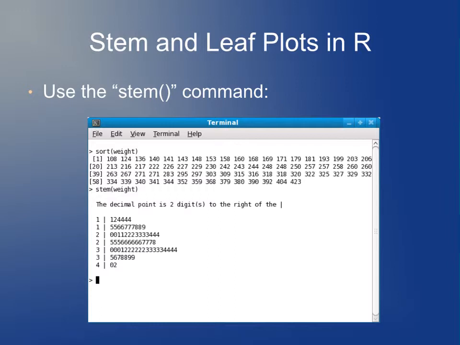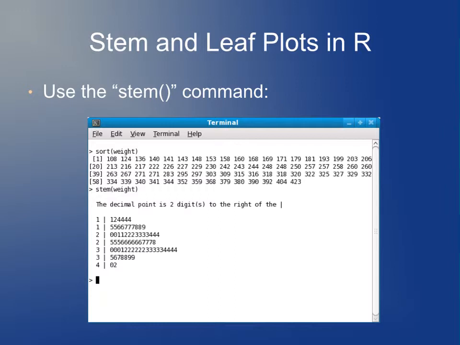And in this case, R rounds to the nearest tens place when it creates the stem and leaf plot, so it rounds basically 110, 120, 140, 140, 140, several 140s, etc. And then it lets the first digit be the stem and the second digit be the leaf.